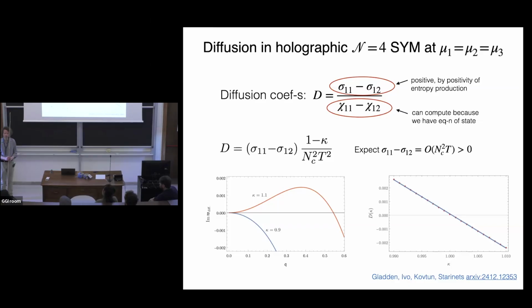I do not know, but what I can say is that this decoupling of the diffusion mode happens in hydrodynamics. I didn't demonstrate it, but I just said that it happens. But you can also show that it happens to all orders in hydrodynamics, so it's not just a one-derivative thing.